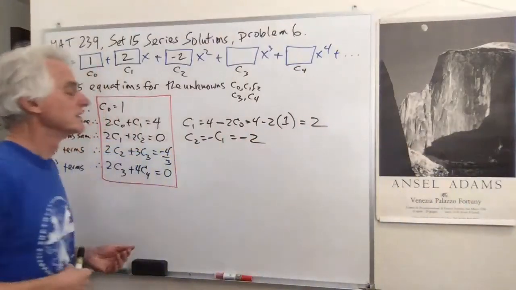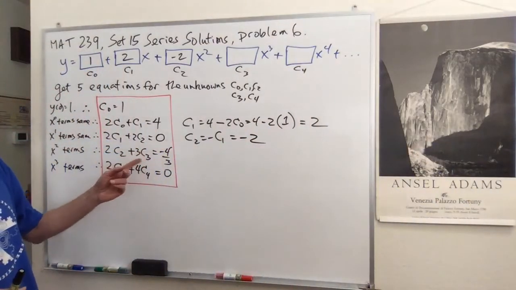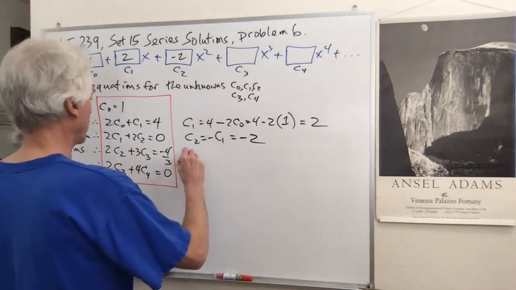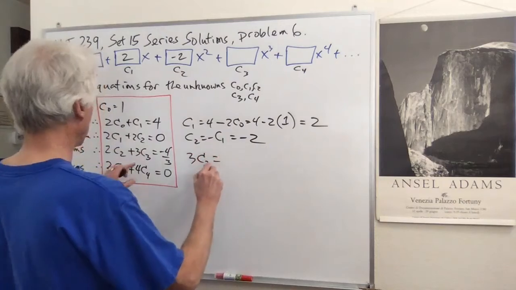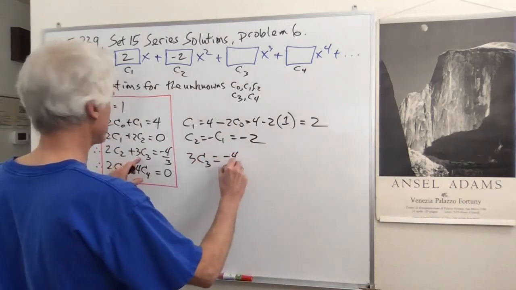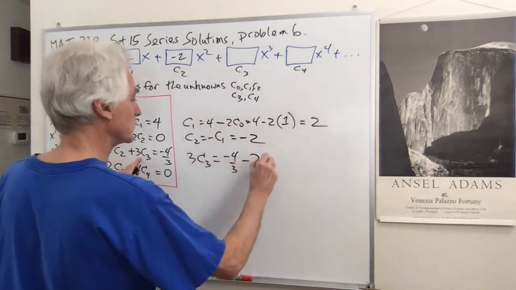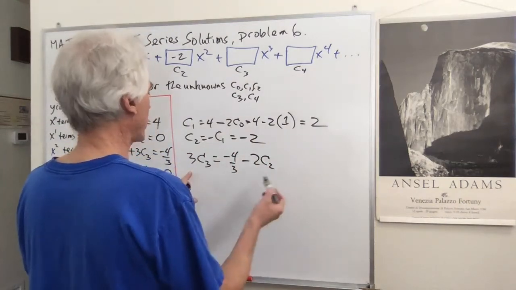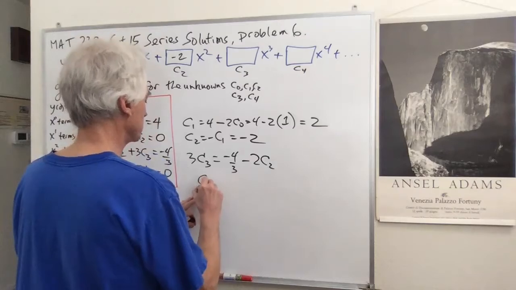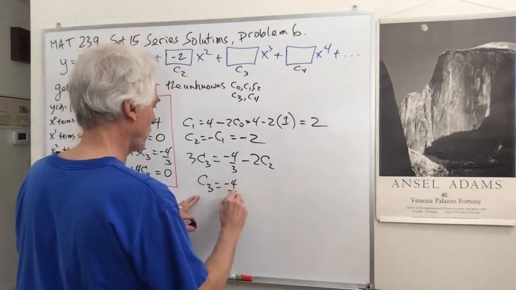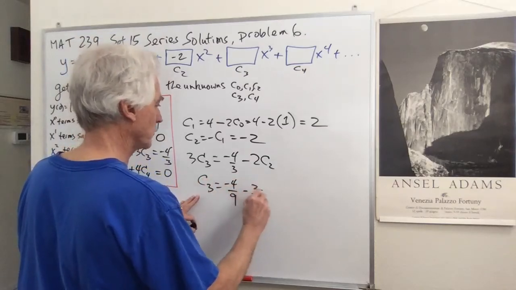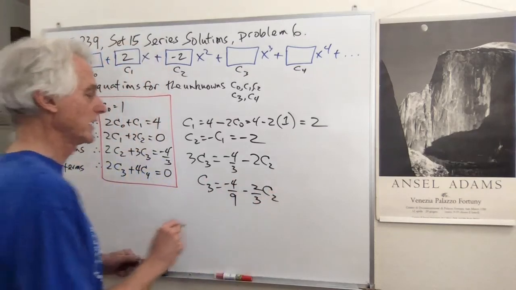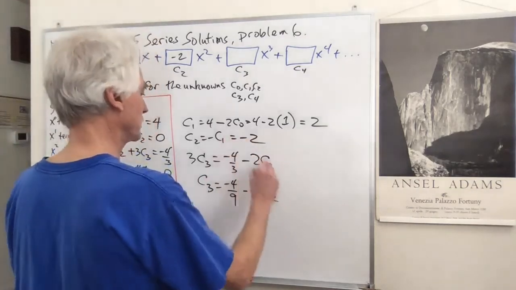All right. So now I know that's what C2 is, so now I can use this equation to find C3. So I get 3C3 is minus 4/3 minus 2C2. I could divide by 3 now. C3 is minus 4/9 minus 2/3 C2. Okay, and what is C2? C2 is -2.